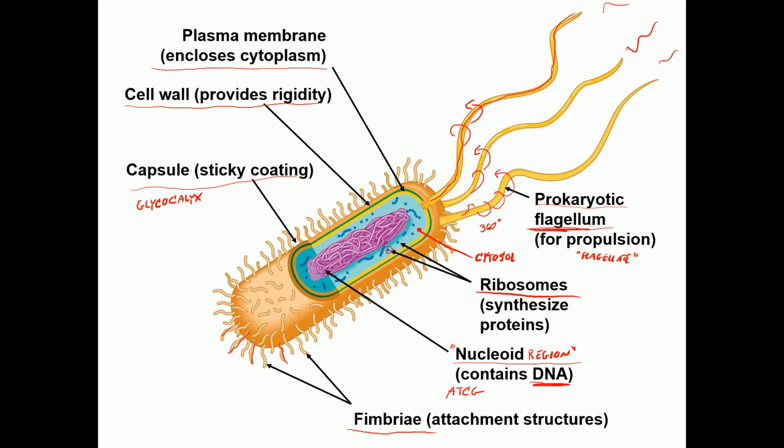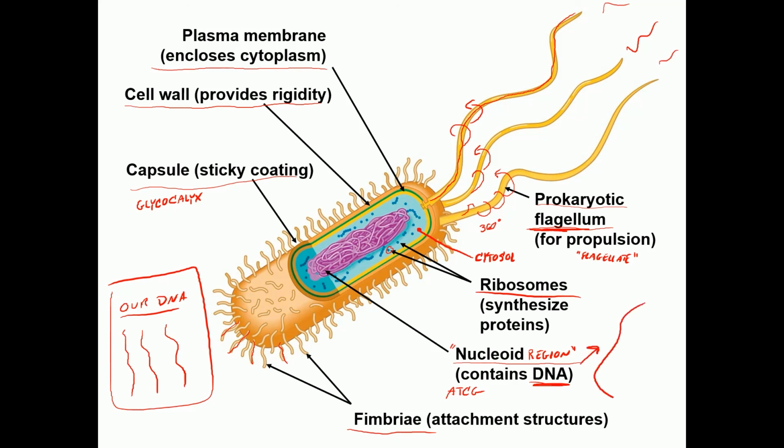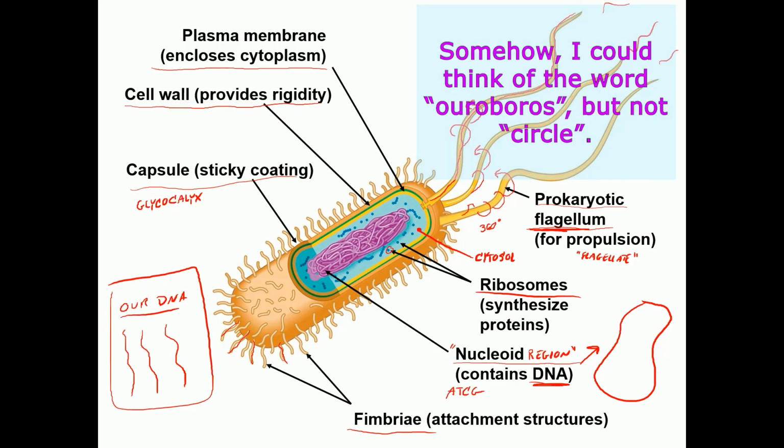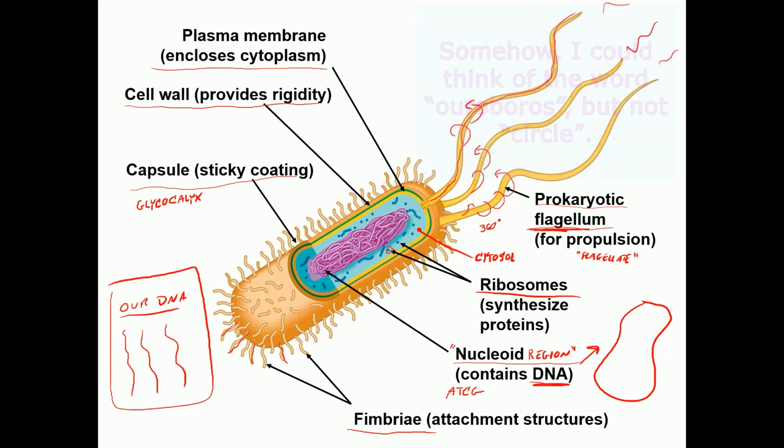It's dissimilar in an important way, though. Our DNA is linear. Our chromosomes could be unraveled to form straight lines, whereas bacterial DNA is circular. If you were to unwrap a bacterial chromosome, it would make one big circle, like an Ouroboros, wrapping back onto itself, which is interesting.